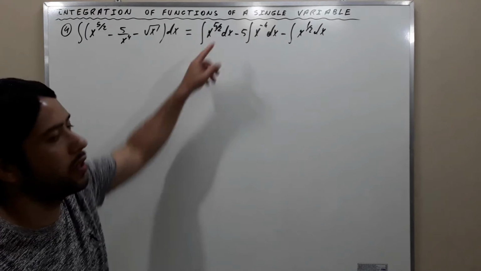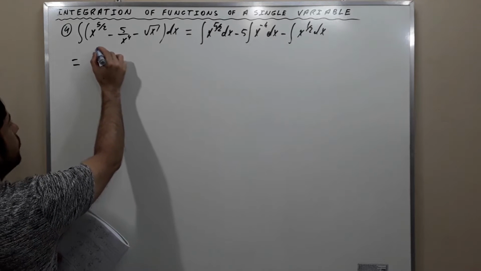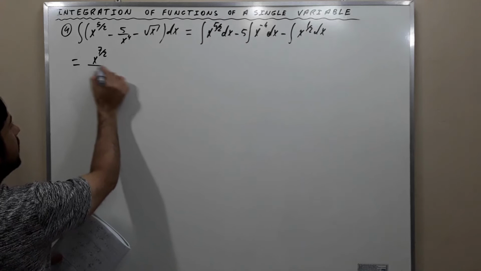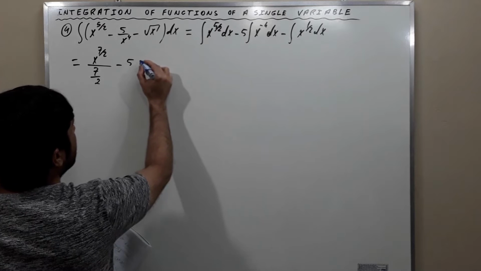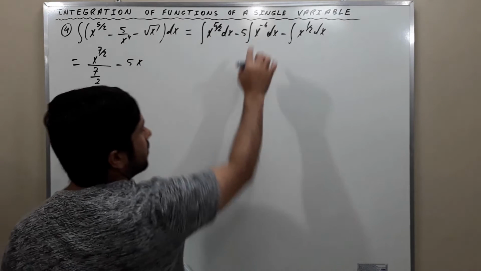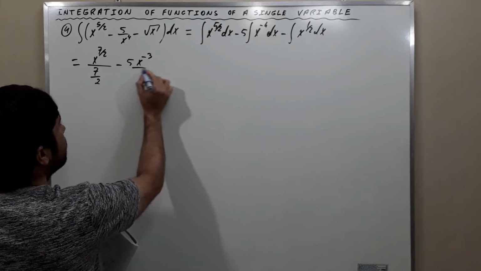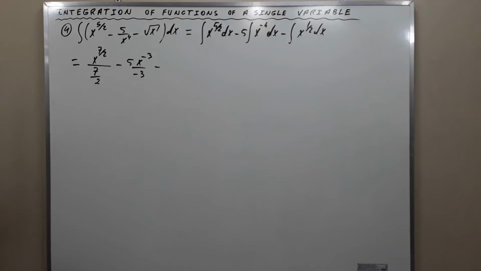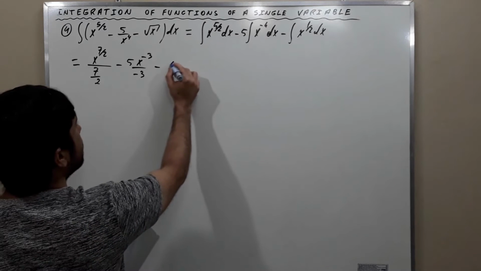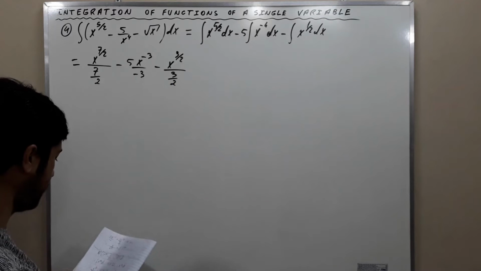And if we add 1 here, it becomes x to 7 halves divided by 7 halves minus 5 times x to the negative 4 plus 1, which is negative 3, divided by negative 3, minus, a half plus 1 is 3 halves, x raised to the power of 3 halves divided by 3 halves. Okay?